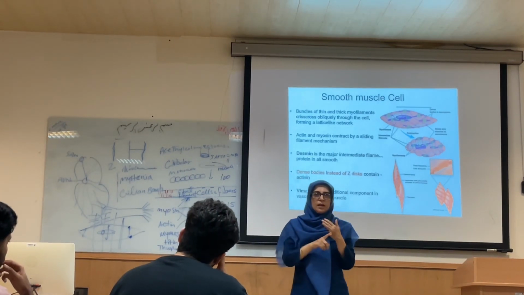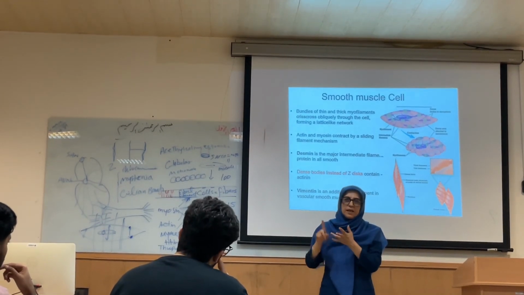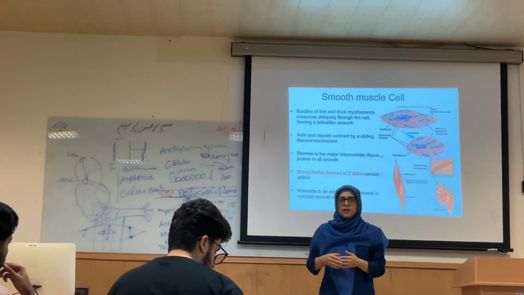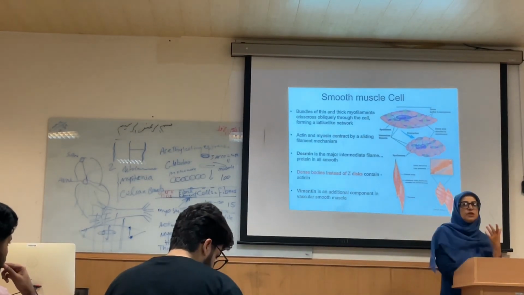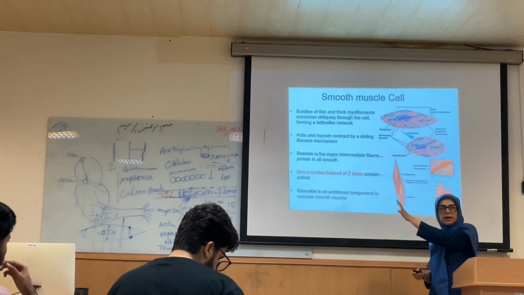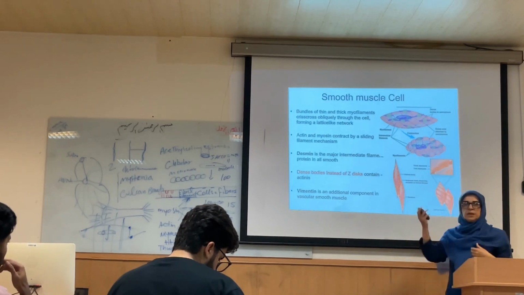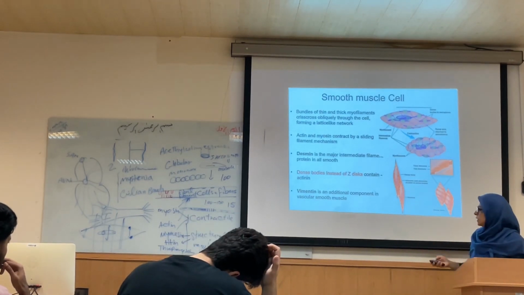For example, the right one is smooth, striated, and cardiac. Another question might ask which proteins are in the dense bodies: vimentin, actin, desmin, or myomesin. These three are in the dense body.